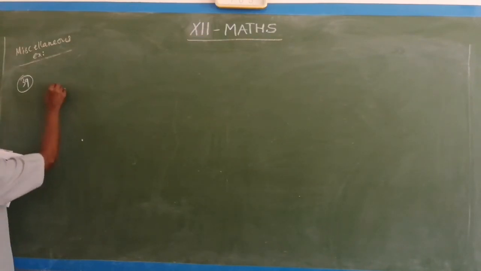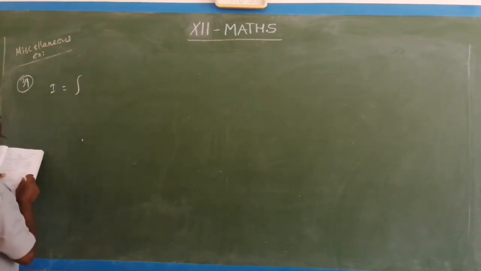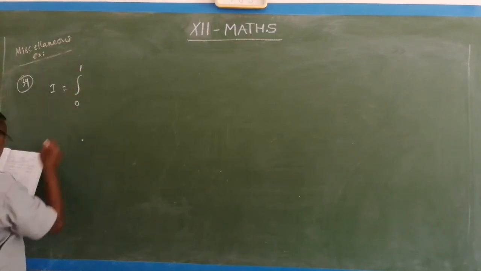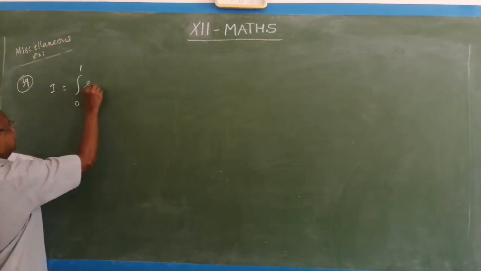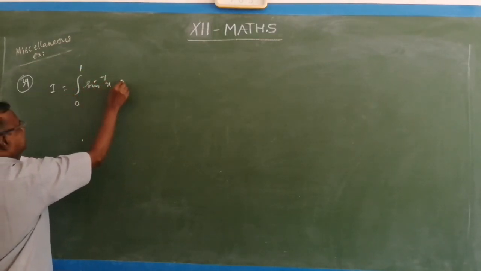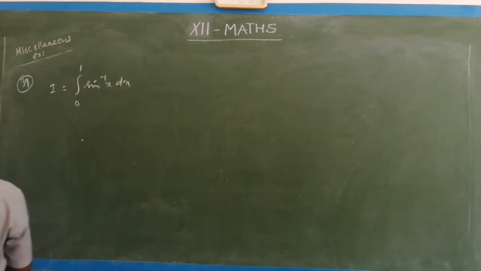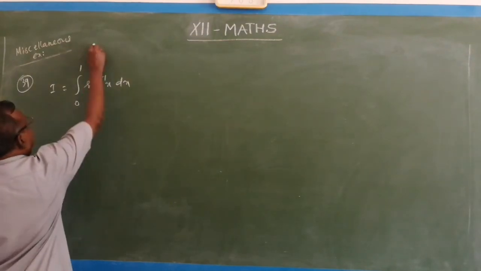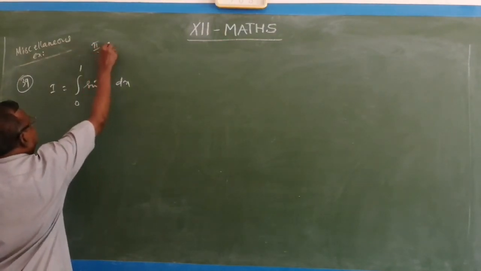We have I equal to the integral from 0 to 1 of sin inverse of x dx. We need to prove that this value is pi by 2 minus 1.